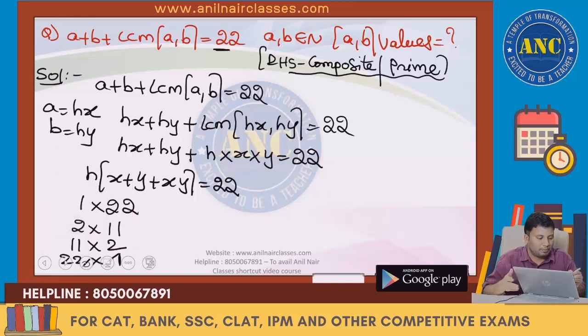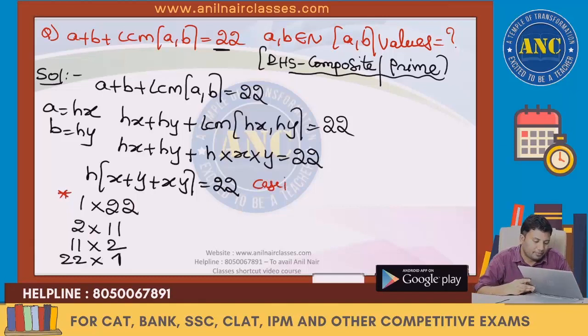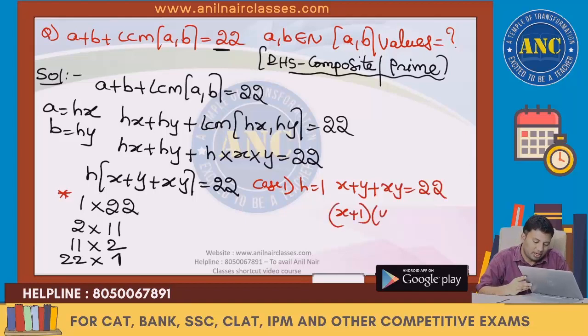Now what is important is this example. Case 1: if H is 1, X plus Y plus XY equivalent to 22. If I add 1, X plus 1 into Y plus 1 is 23. 23 is 1 into 23, 23 into 1.